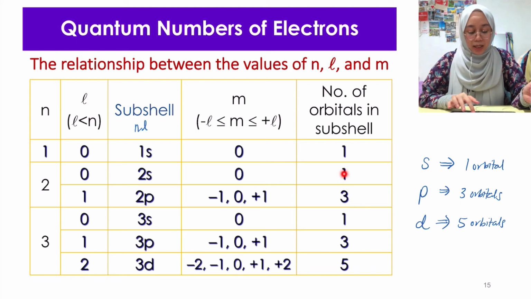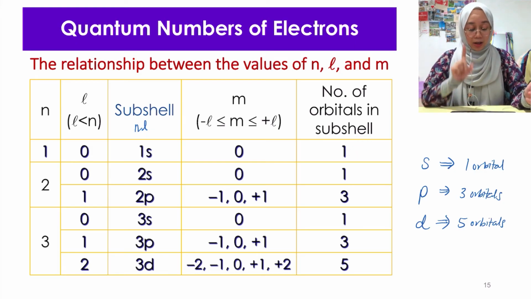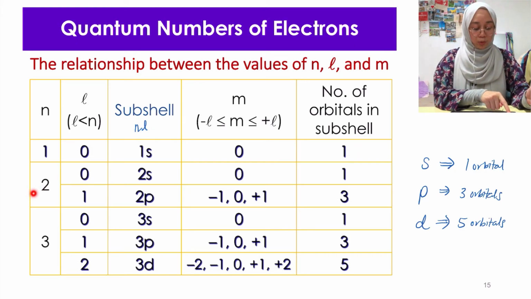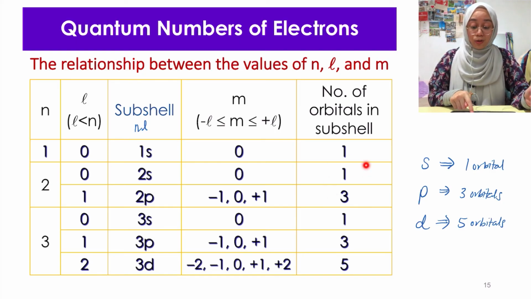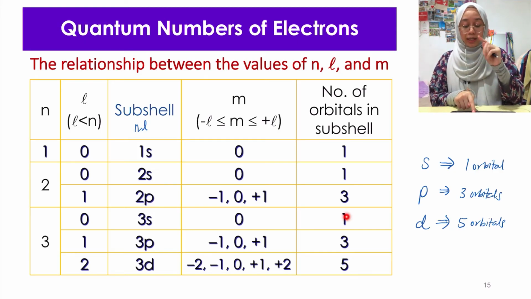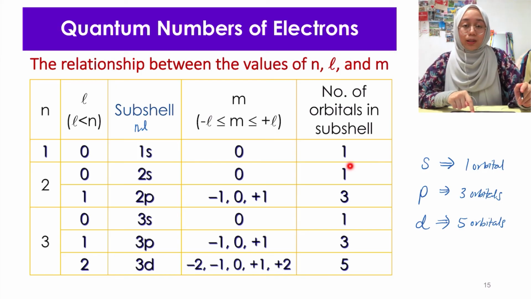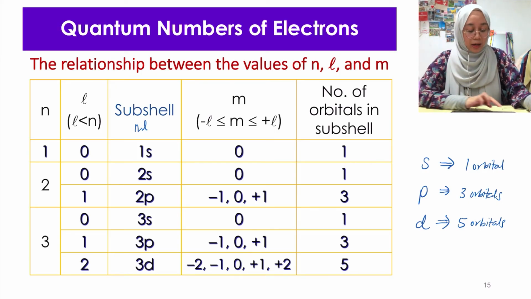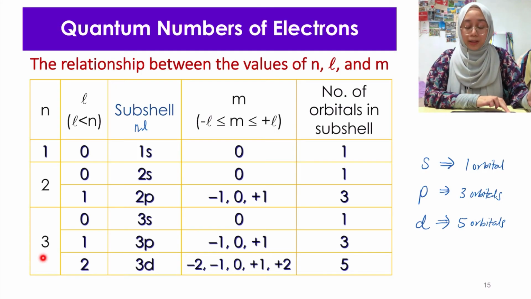Okay, so basically if I ask you how many orbitals in N equals to 1, dia ada 1 orbital. Tapi kalau Miss tanya kamu, dalam N equals to 2, how many orbitals are there? The answer is 4. Sebab dalam N equals to 2, kita ada 2S dengan 2P. 2S ada 1 orbital, 2P ada 3 orbital. Therefore, in total, N equals to 2 ada 4 orbitals. Okay, kalau dalam N equals to 3 pula, berapa banyak orbital yang ada?